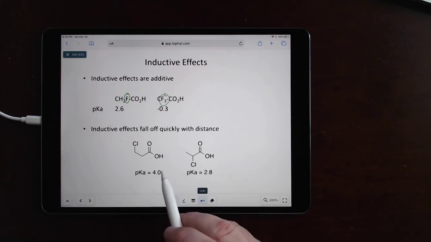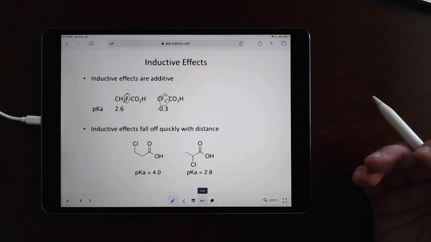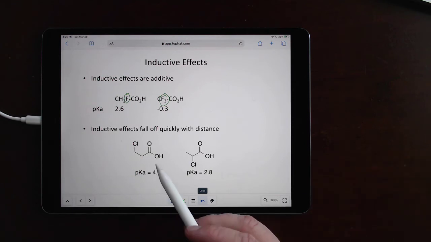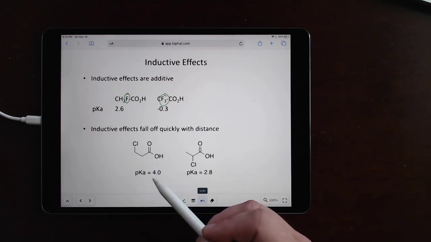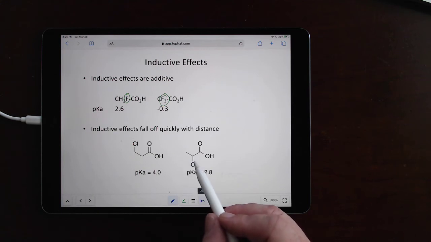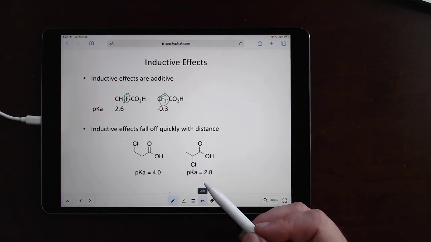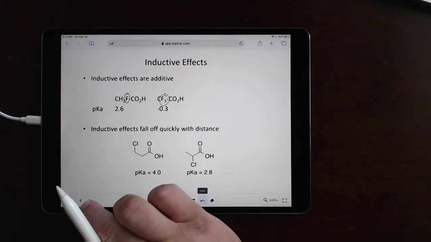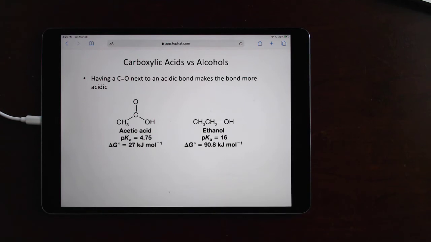Remember, a normal acetic acid is like 4.7, 4.8, so we're not that far away. But if you move the chlorine close, then you're getting 2.8, so you're 100 times more acidic than if that wasn't there at all.